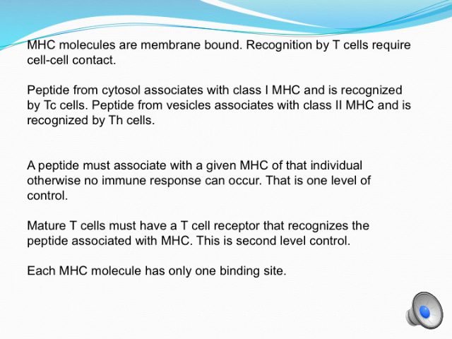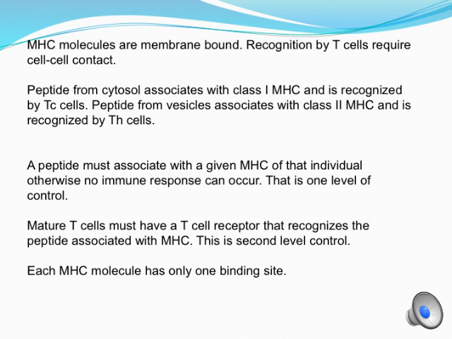Now, the mechanism of work of MHC involves two levels, level 1 and level 2. First of all, there should be a peptide molecule. This peptide molecule can be anything, an antigen kind of thing.